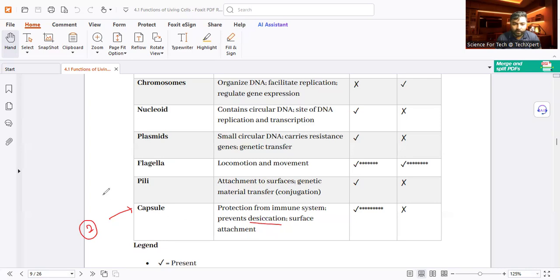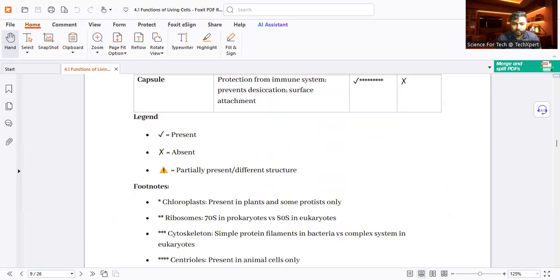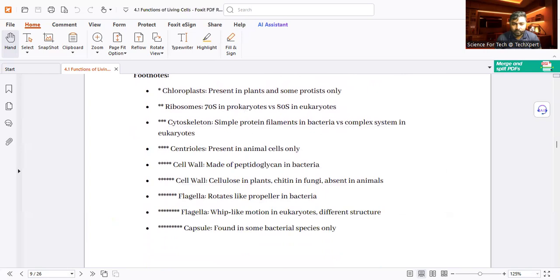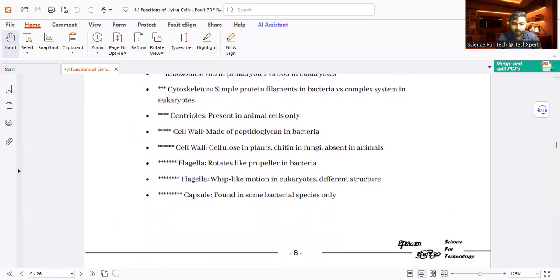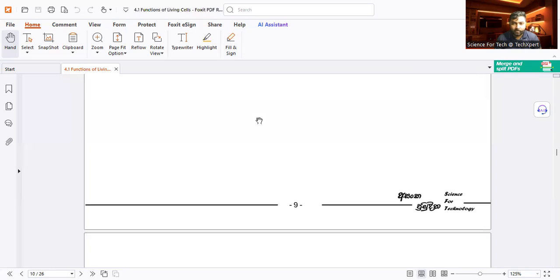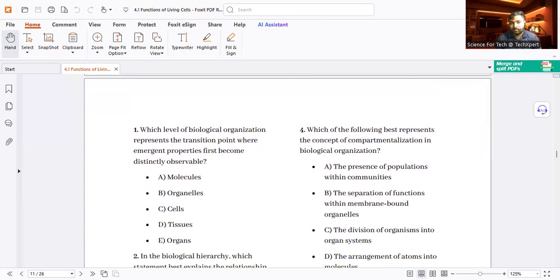What is meant by desiccation? Prevent from desiccation means to retain water.